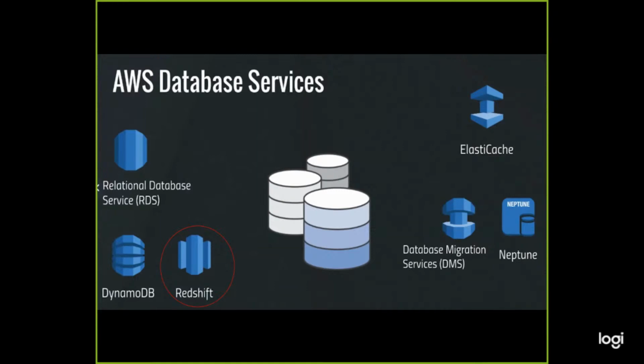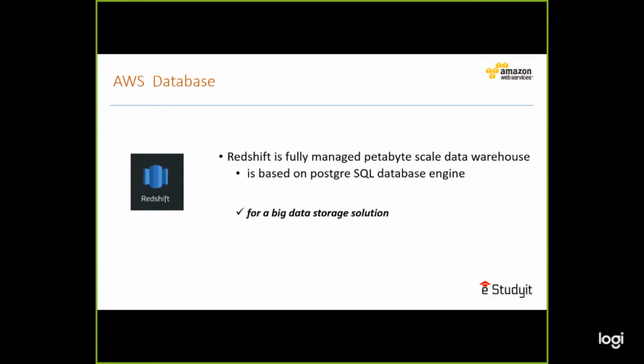Here is some illustration of what we have on AWS for the database services available. Each one of them has its own use case or need. The first one is Redshift for big data. It's fully managed, petabyte scale data. What does that mean?